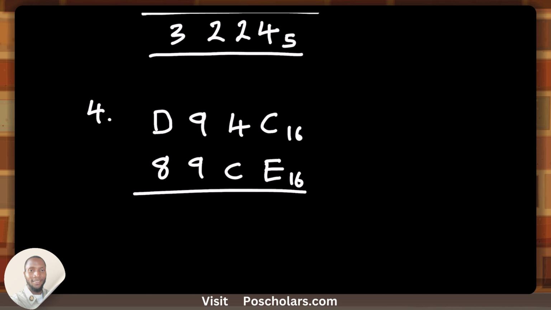If you count in base 16, this is how you actually count in base 16. You start by saying 0, 1, 2, 3, 4, 5, 6, 7, 8, 9. You don't end there.